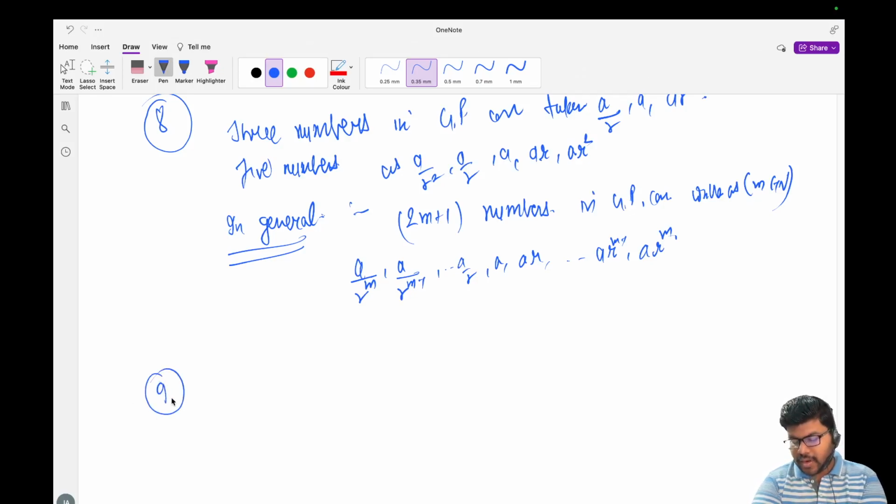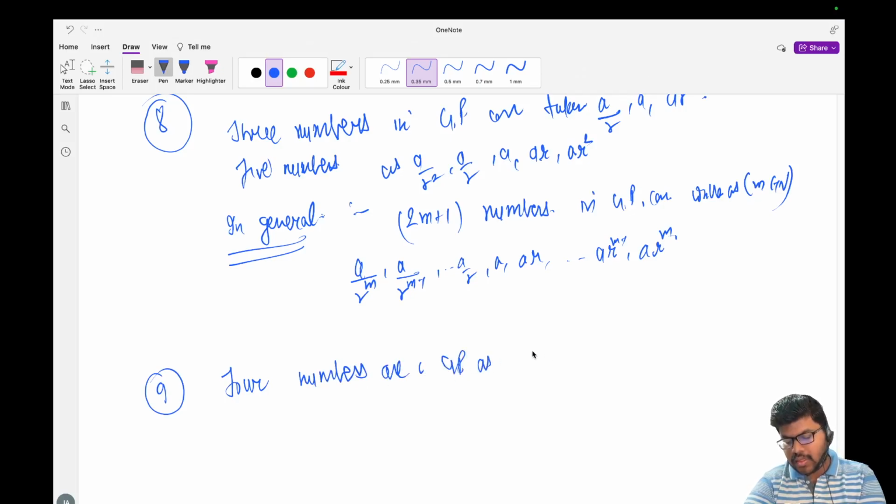And the last and final property: four numbers in a GP can be taken as a by r cube, a by r, a r, a r cube, right?